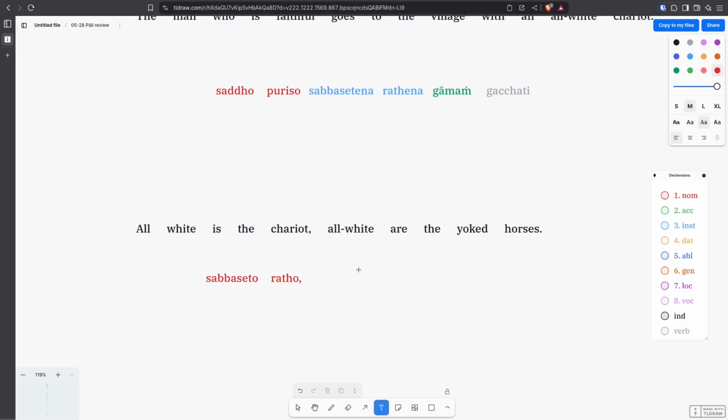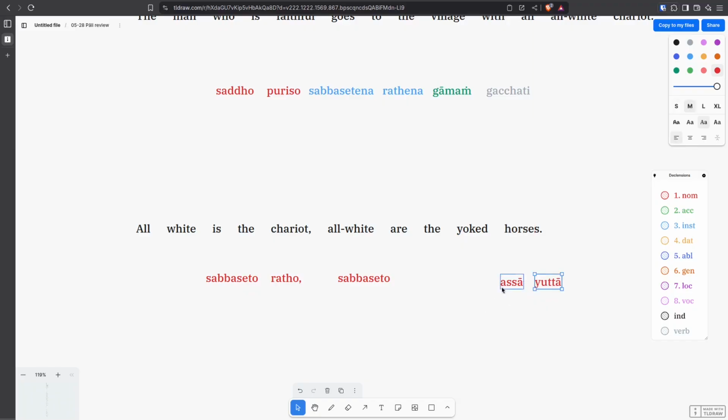We can stop the clause there. And so try the next one too. All white are the yoked horses. Sabba Seta Assa Payutta. Horse is plural. Assa yutta, or yuta. That's right, yuta.